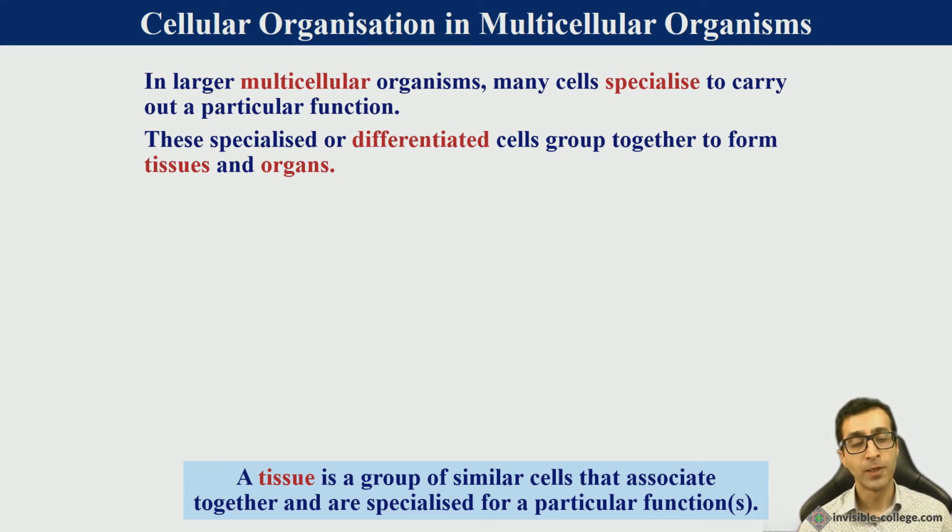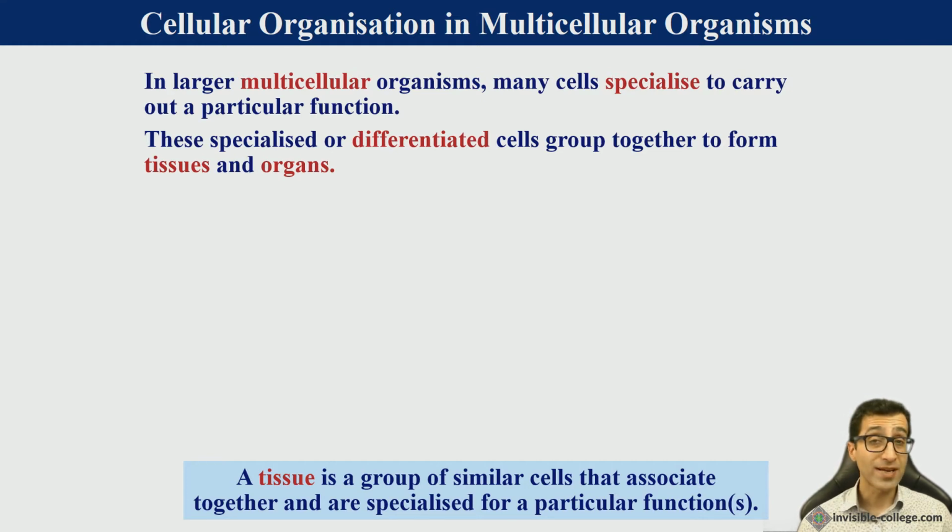So, for example, if you have an undifferentiated or unspecialized stem cell, for example, in the bone marrow or in the growing embryo, that cell does not have any of the specific features of any specific tissue.